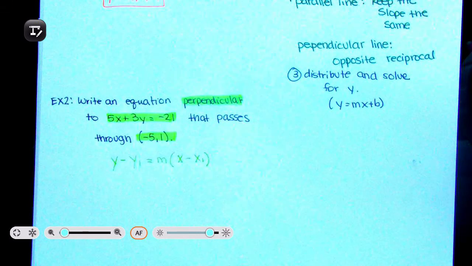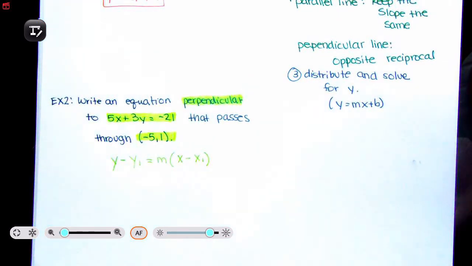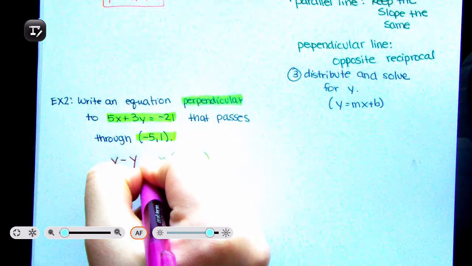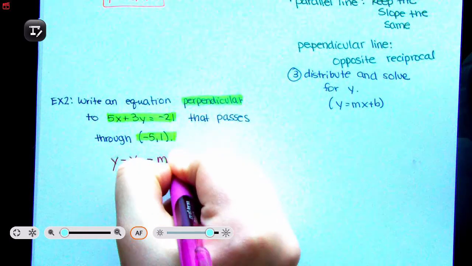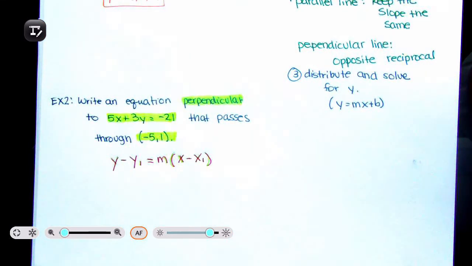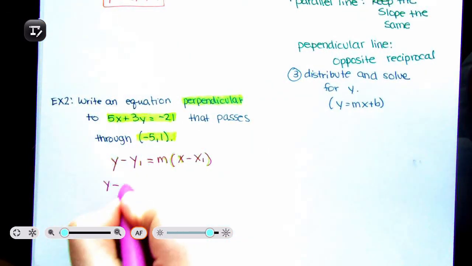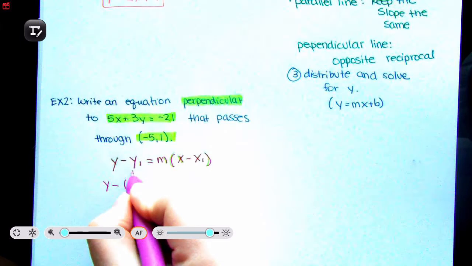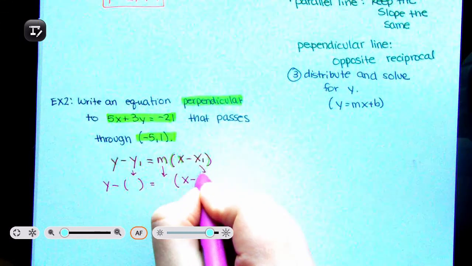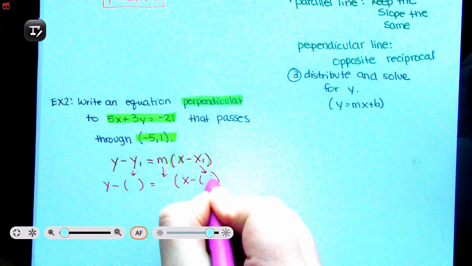You can't really see that, so I'm going to change my marker. There we go. Remember, it's keep, change. So I'm going to change my y1. I'm going to change my slope. And I'm going to change my x1 to whatever that is.